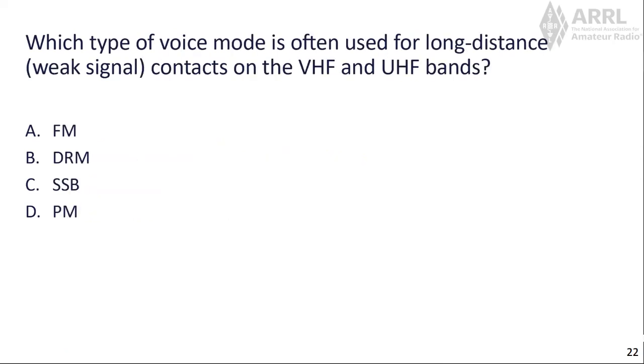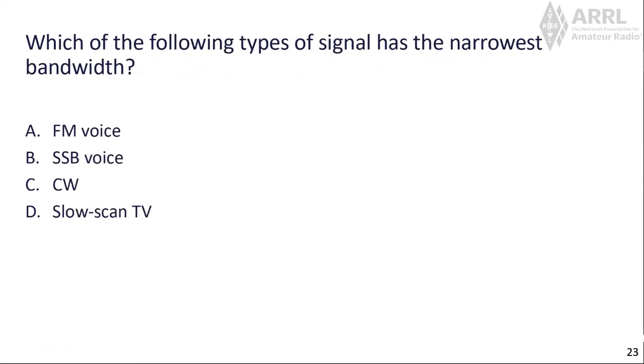Which type of voice mode is often used for long distance, weak signal, remember that word, contacts on the VHF and UHF bands? Single sideband. Which of the following types of signal has the narrowest bandwidth? CW. It's one tone.